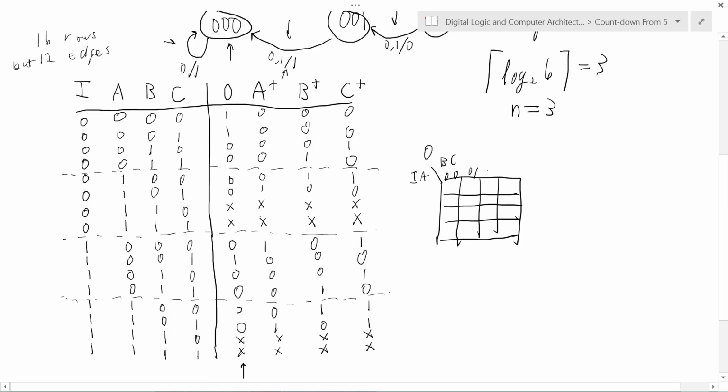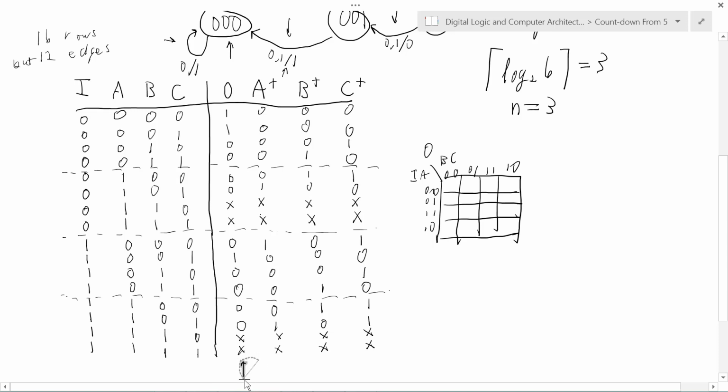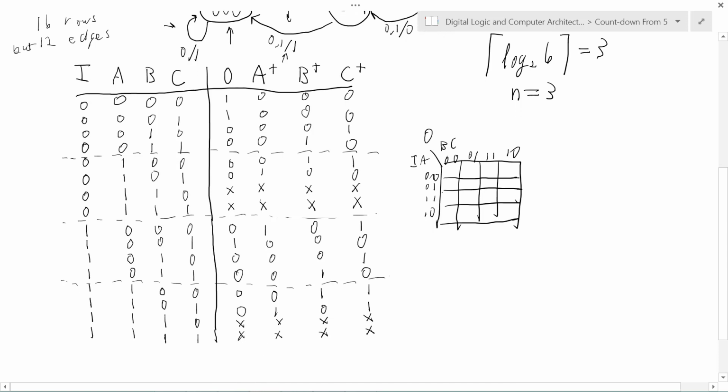Let's label our columns and rows. One, one, 0, 0. 0, 0, x, x, 0, 1, 0, 0, 0, 0, x, x.